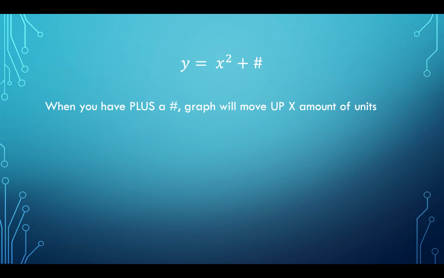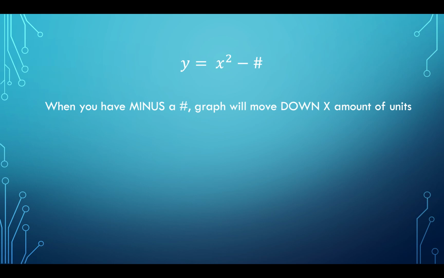And then we can have something that looks like y is equal to x squared plus a number. When we have plus a number, the graph is going to move up that many units. So plus, graph goes up.